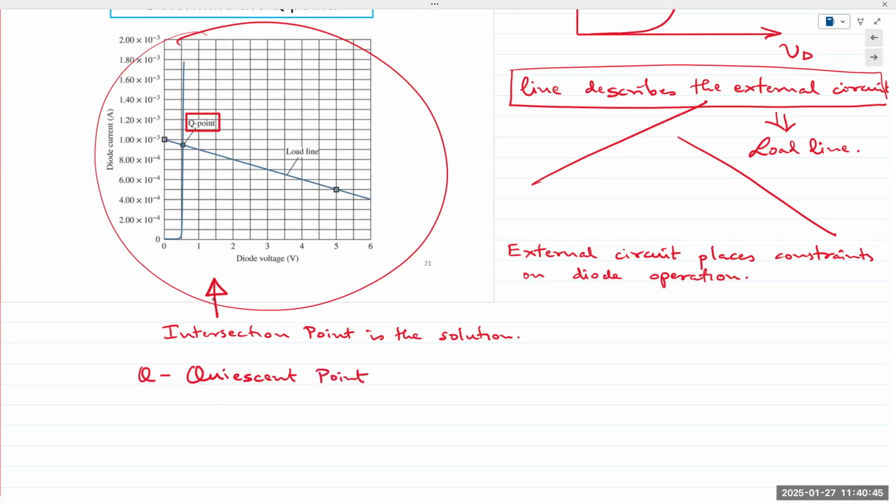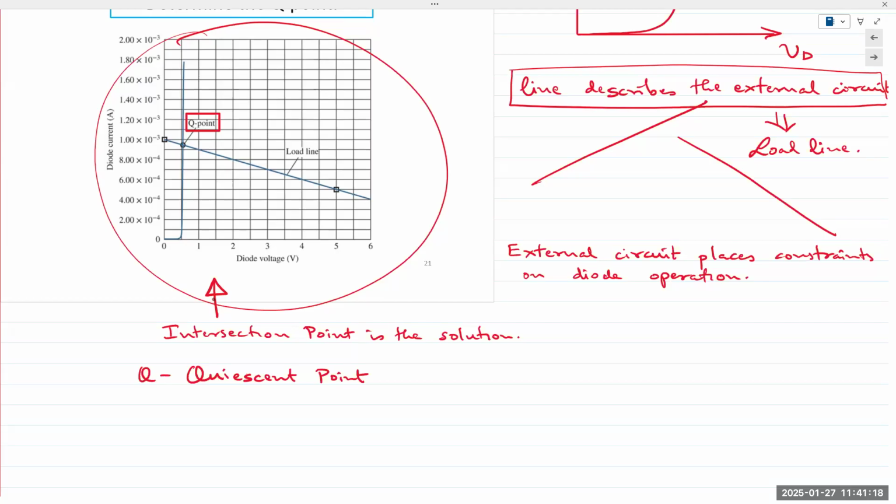Okay, quiescent point. And you'll refer to this Q point a lot going forward in your studies as an electrical engineer. The word quiescent itself simply means lying in a dormant state. But technically, in our case, it means it's lying in wait for some input. So the Q point is also known as the operating point.